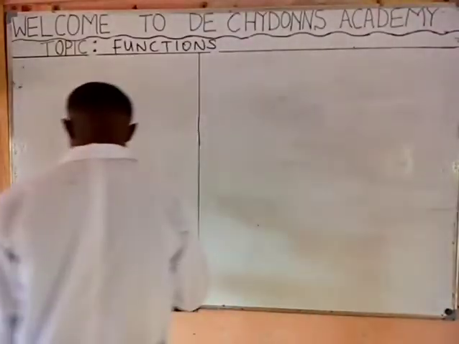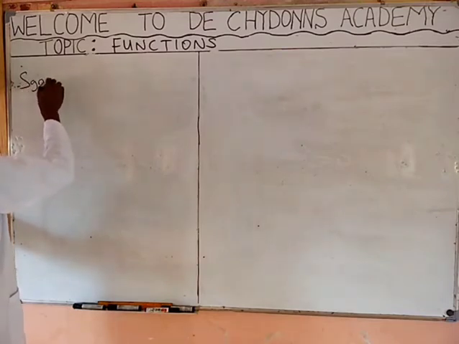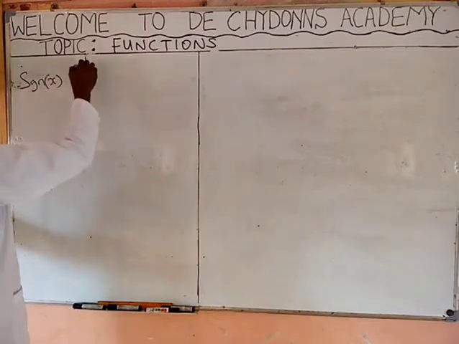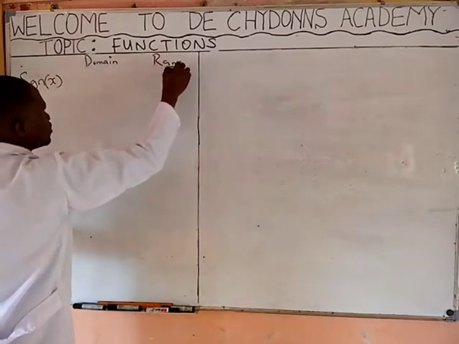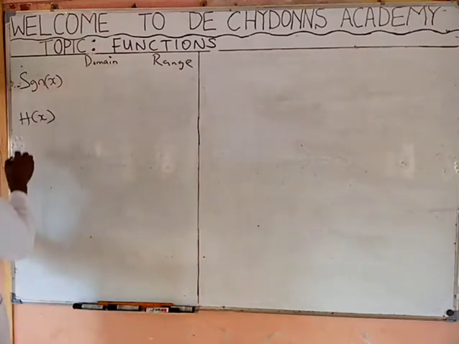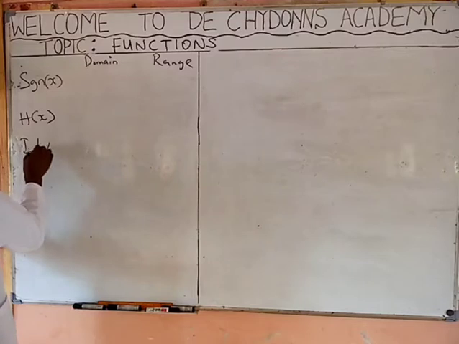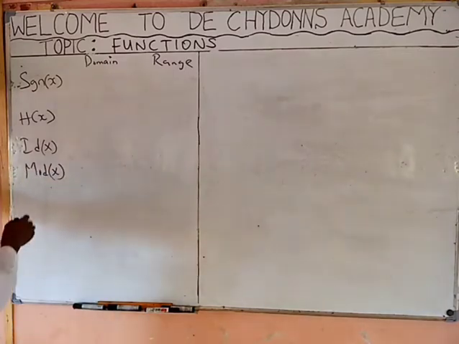Now, we want to see the domain. When we talk about the sigma function, domain and range. Domain of the sigma function, Heaviside function, identity function, then modulus of x, and greatest integer of x.